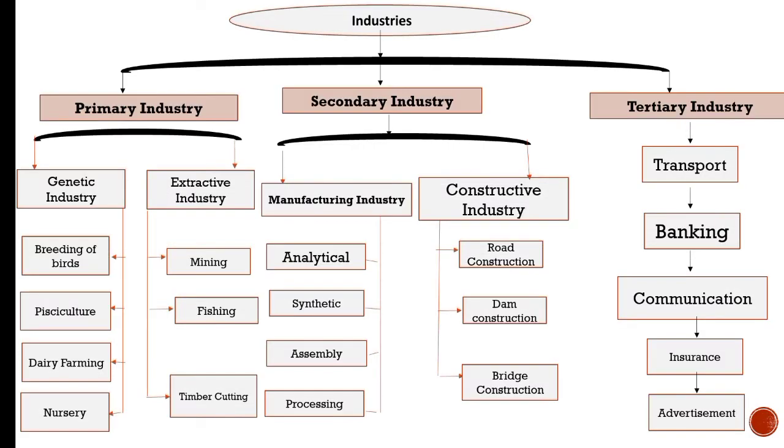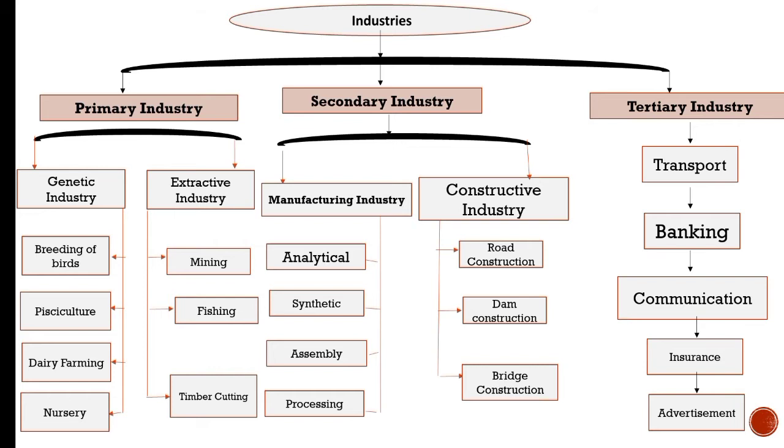Now, if we talk about the classification of industry, industry is classified into three broad categories. First is primary industry, second is secondary industry, and third is tertiary industry. Primary industry includes genetic and extractive industry. Genetic industry includes breeding of birds, pisciculture, dairy farming and nursery, whereas extractive industry includes mining, fishing and timber cutting.